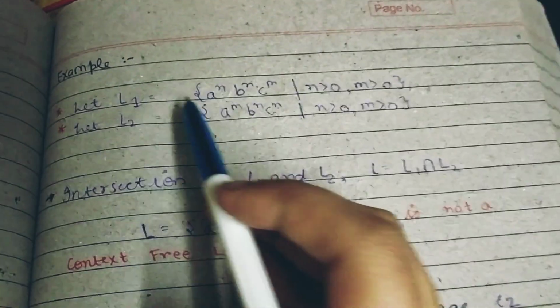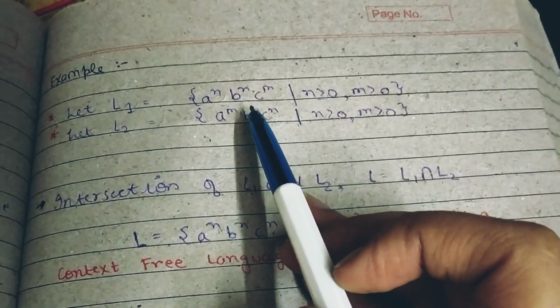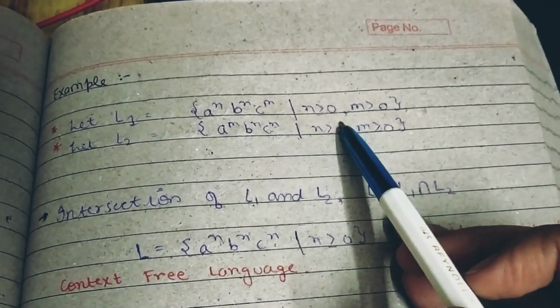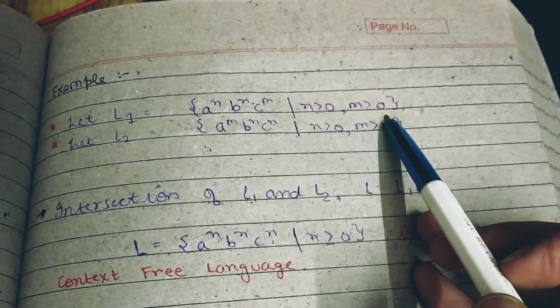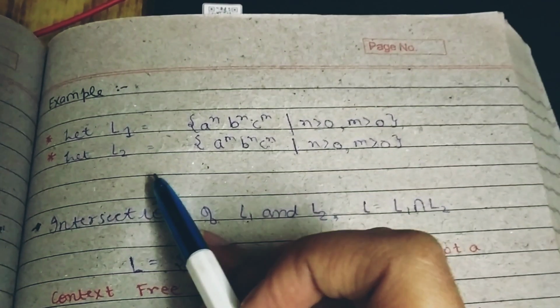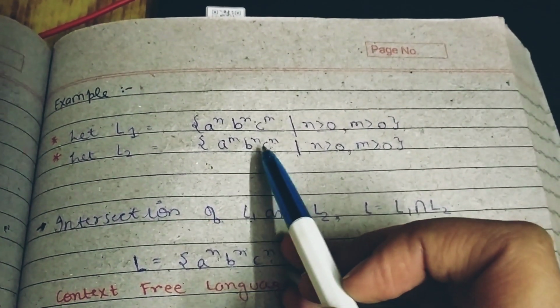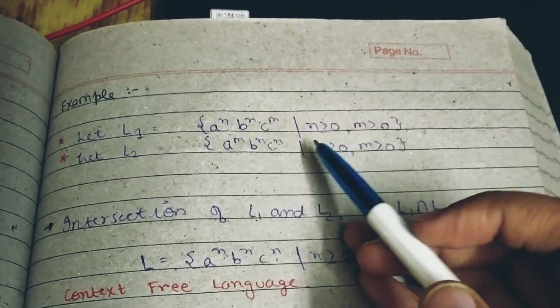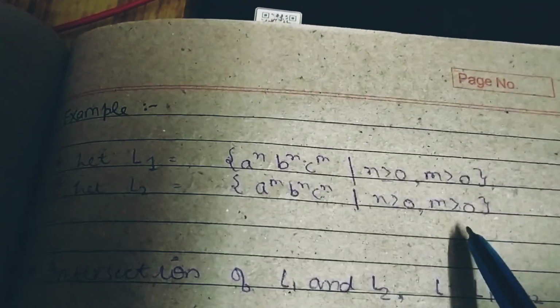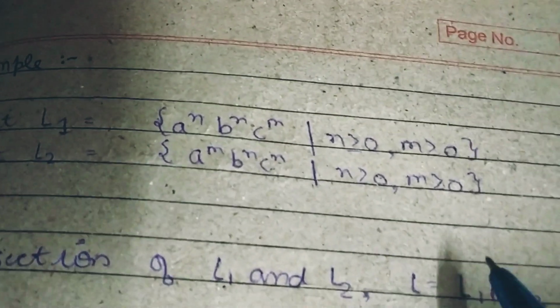So, let us consider an example in order to explain the property intersection. Let L1 be equal to a raised to the power n, b raised to the power n, c raised to the power m, where n is greater than or equal to 0 and m is greater than or equal to 0. Let L2 be a^m b^n c^n, where n is greater than or equal to 0 and m is greater than or equal to 0.